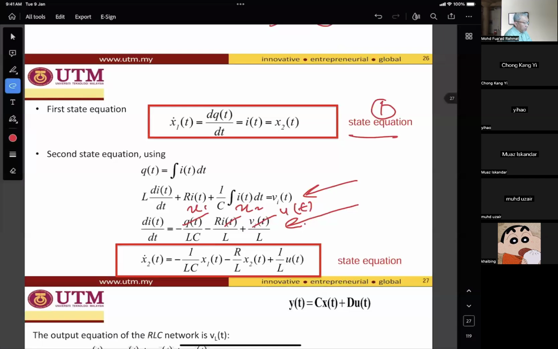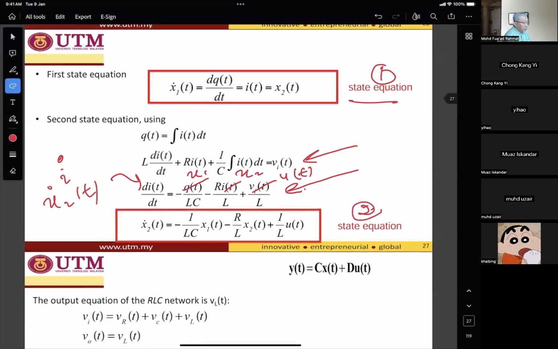Okay, so therefore this one is actually i dot, known as x2 dot. Therefore you get the second state equation, which is x2 dot equals minus 1 over LC x1 minus R over L x2 plus 1 over L u of t.